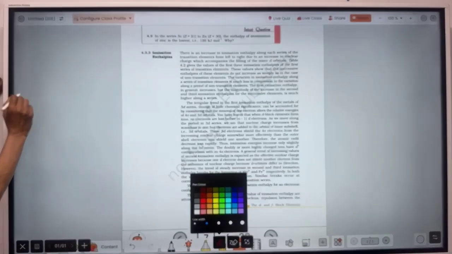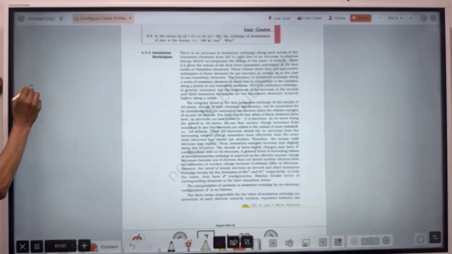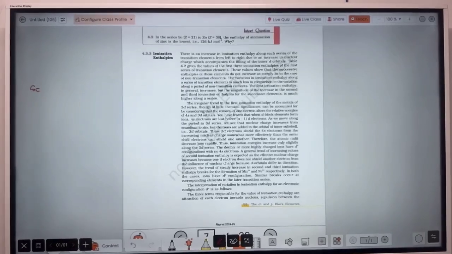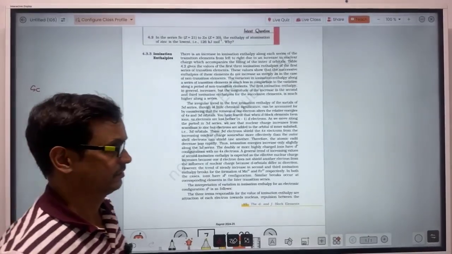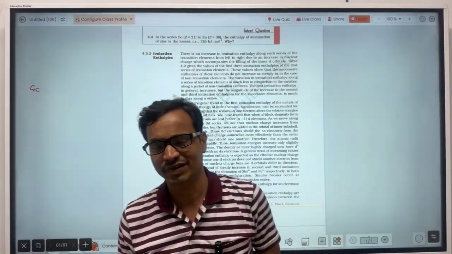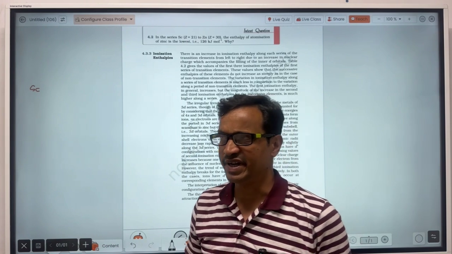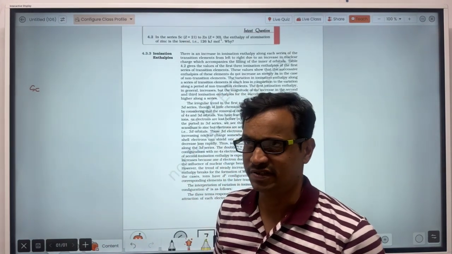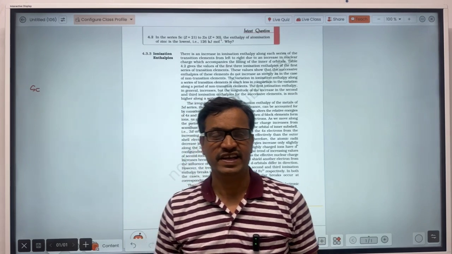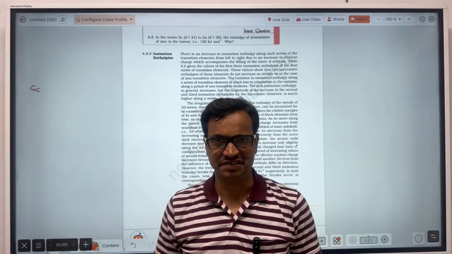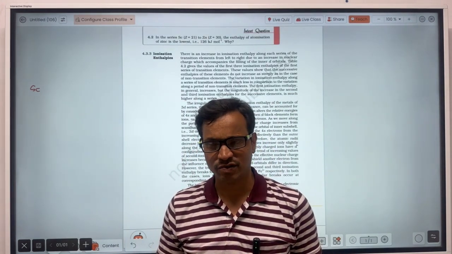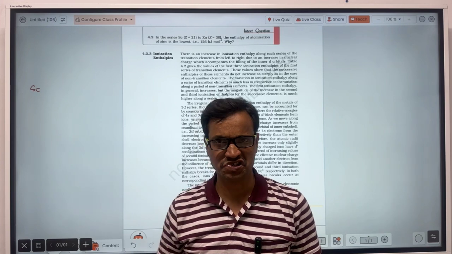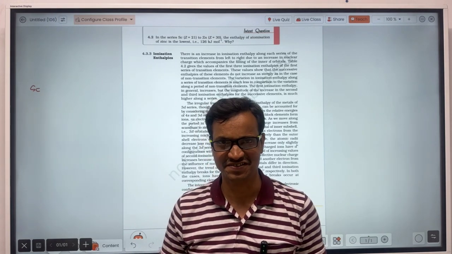Ionization enthalpy is based on the outermost electronic configuration, because when we provide energy, firstly the electron of the outermost shell will be released.